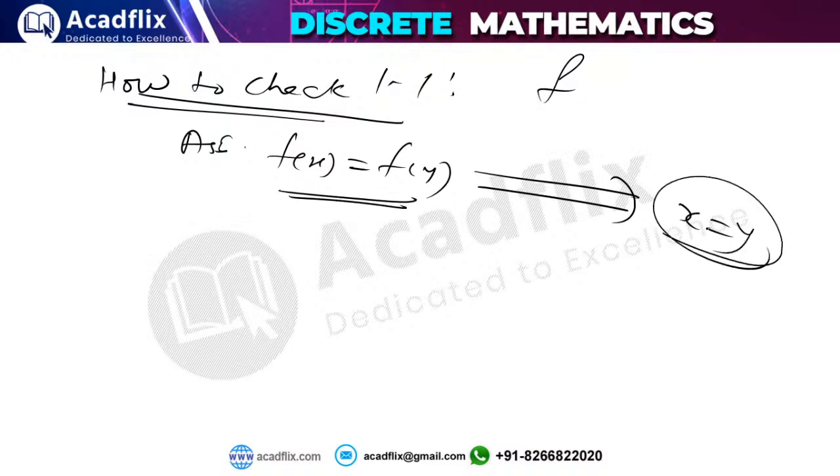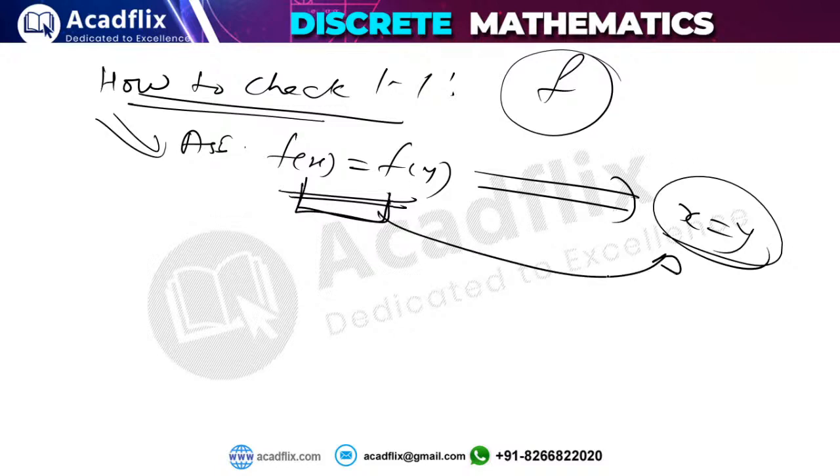This is the procedure to check 1-1. If I give you a function f, you can check very easily. All you need to do is make f(x) equal to f(y), and from this you need to get x equal to y.